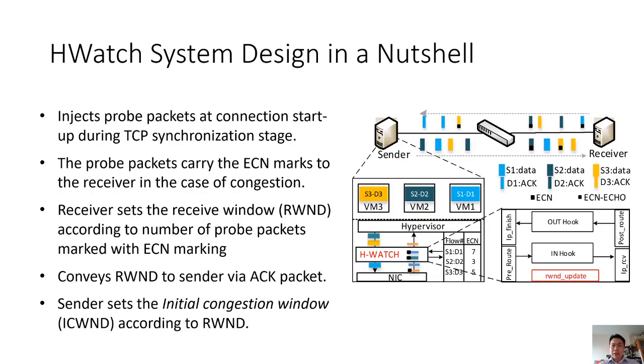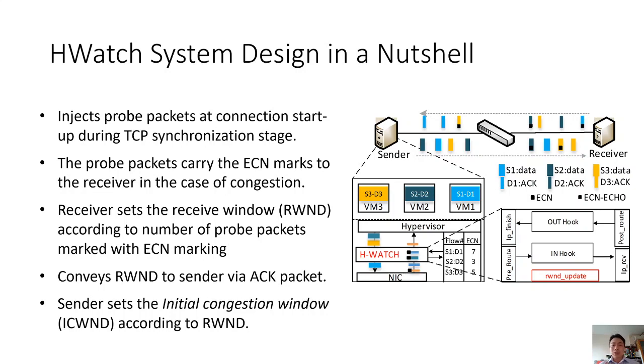Okay. So I'll give you EdgeWatch in a nutshell. The idea is EdgeWatch will inject a probe packet during the TCP synchronization stage, which is at connection startup. Then this probe will be marked with ECN if the probe packet experiences congestion along the way before reaching the receiver.